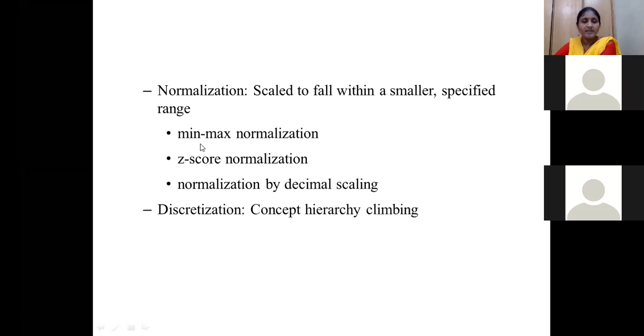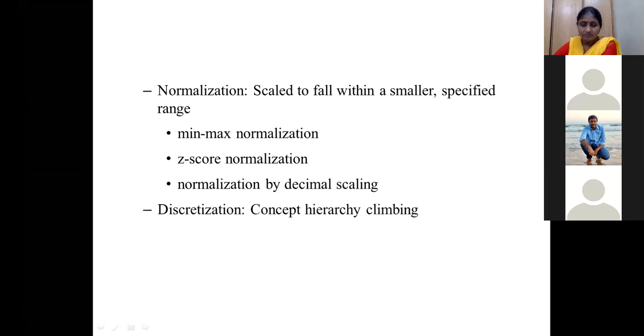The first one is min-max normalization, the second is Z-score normalization, sometimes called G-score, and the third one is normalization by decimal scaling. The next concept is discretization and concept hierarchy climbing. First, we will see what normalization is and how to perform min-max, Z-score, and decimal scaling normalization.